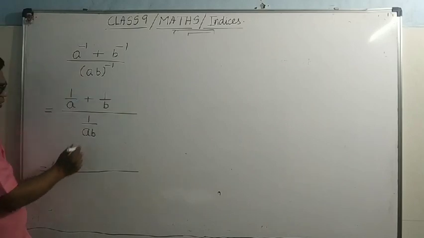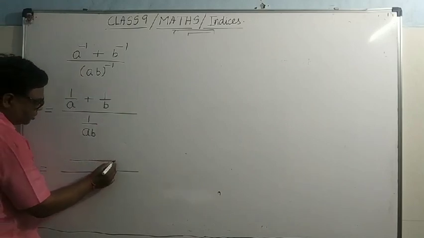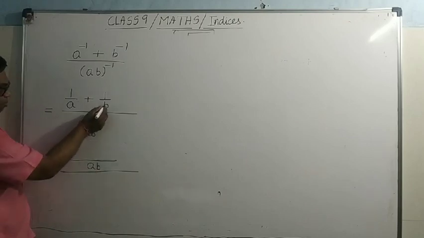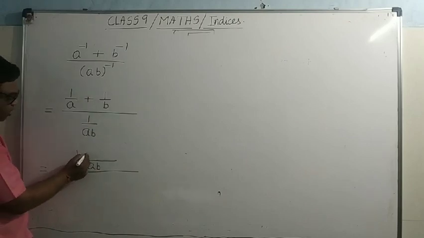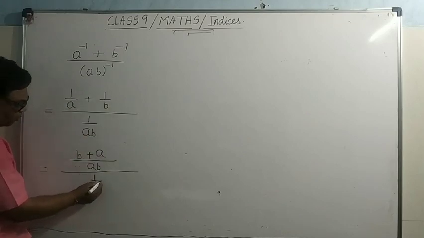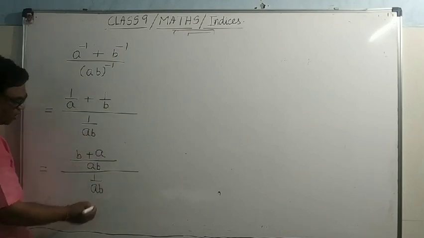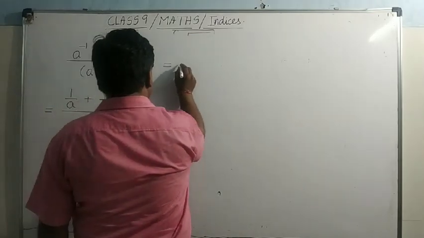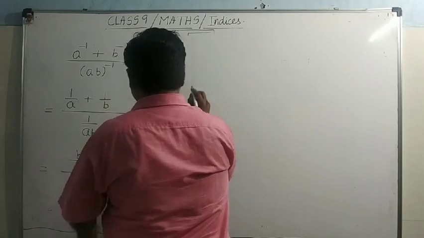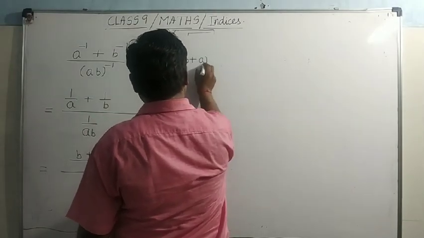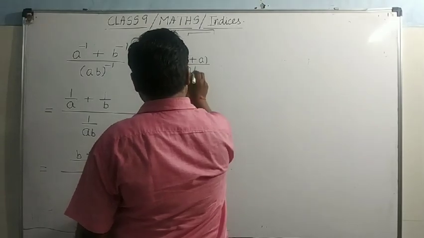Here, when you simplify the numerator, what is the LCM? ab. b into 1, b. Plus a into 1, a. 1 upon ab. Now you can write here b plus a upon ab, divided by 1 upon ab.